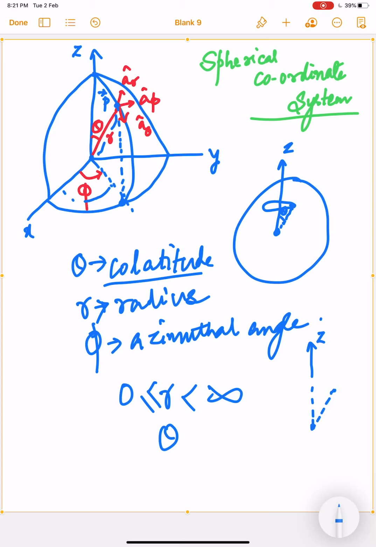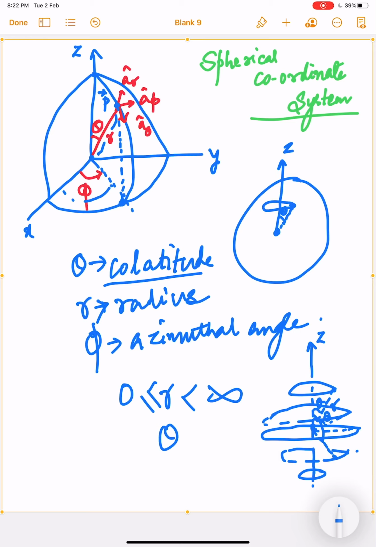From here, this is r, this is theta. Suppose I made a circle over here. Then I increased my theta a little further and made another circle. Let me make theta 90 degrees and make a circle again. Then I increased theta further and made a circle, and it became smaller again, until I reached this point.